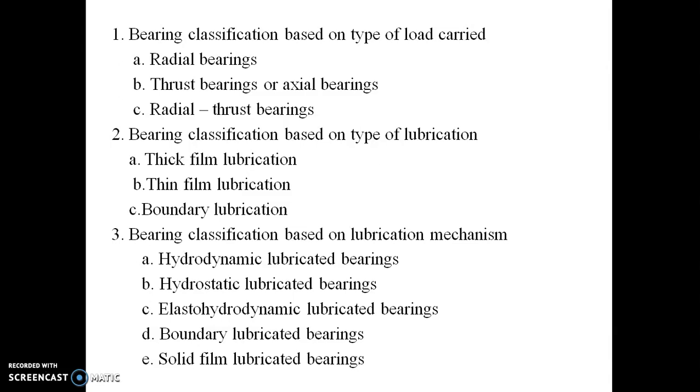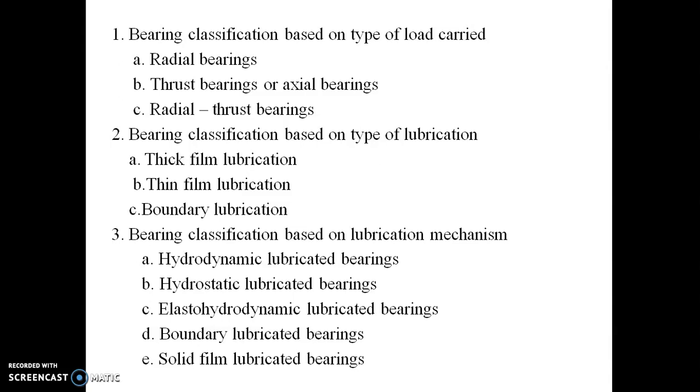This film is created by the moving surface which forces the lubricant into a wedge shaped zone and it creates the pressure which separates the sliding surfaces. The second one is hydrostatic lubricated bearing. In this type, the lubricant is forced into the bearing at higher pressure which is enough to separate the surfaces.